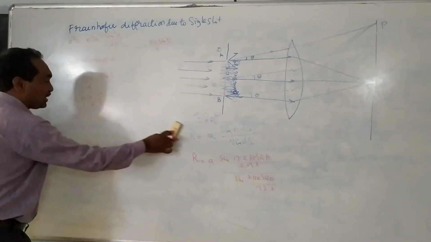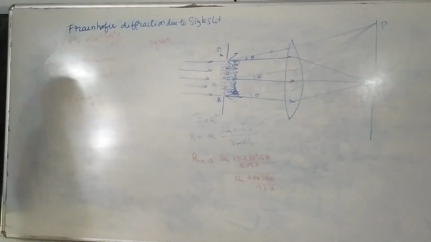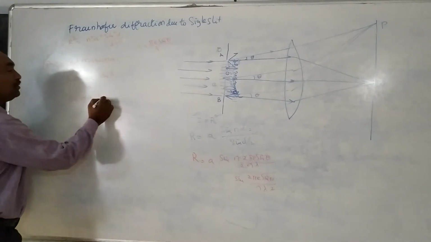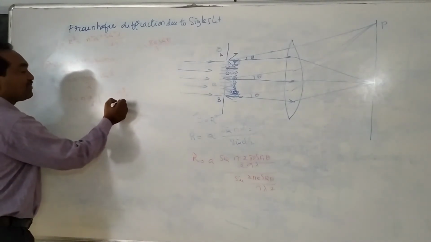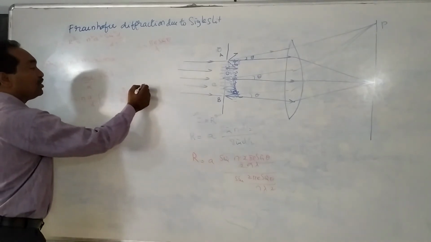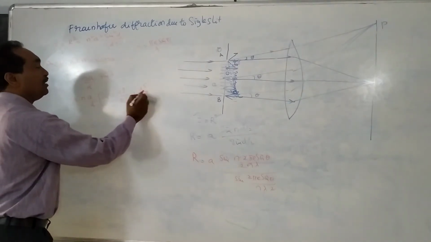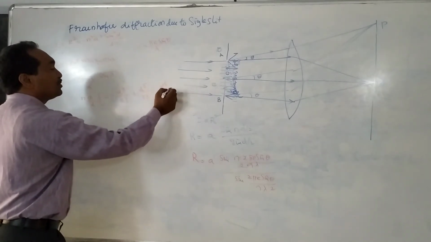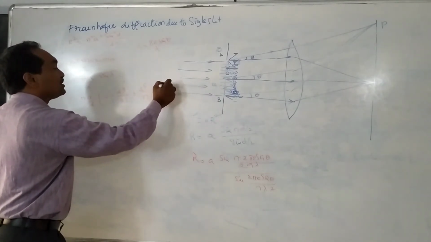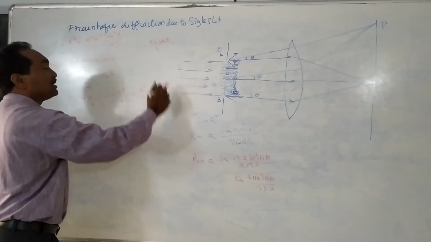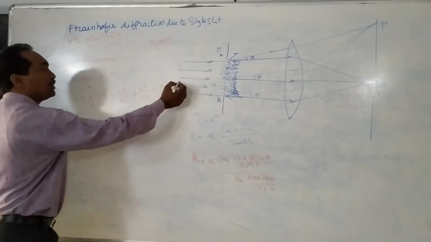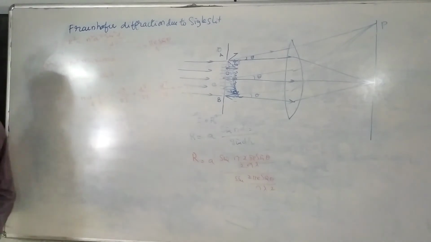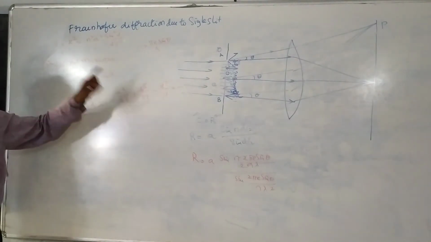We can expand sin alpha like alpha minus alpha cube by 3 factorial plus alpha to the power 5 by 5 factorial minus alpha to the power 7 by 7 factorial plus alpha to the power 9 by 9 factorial and so on. That is the series of sin alpha.